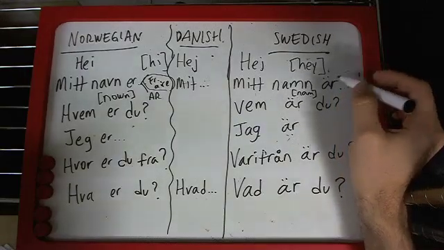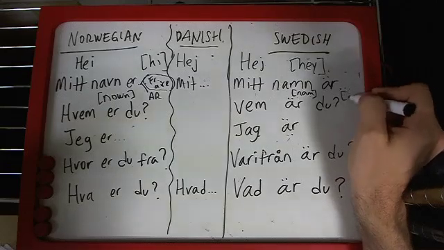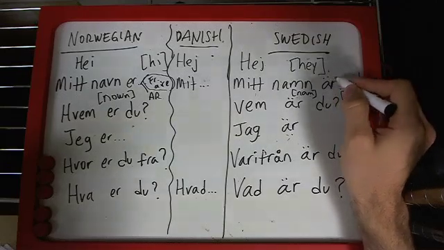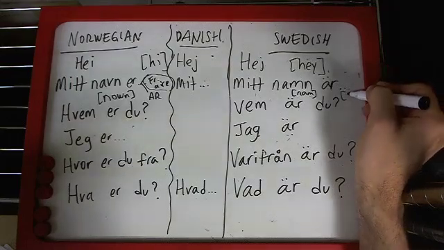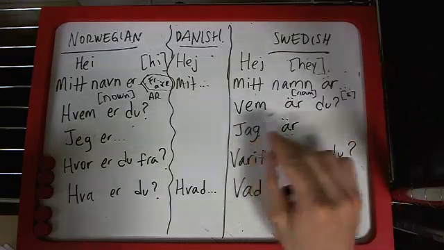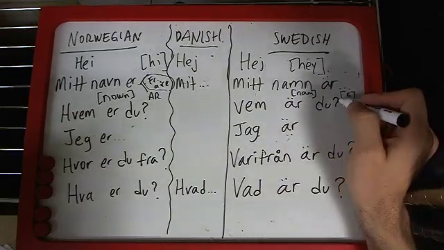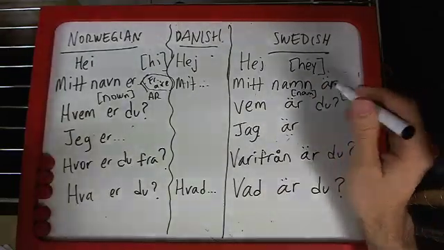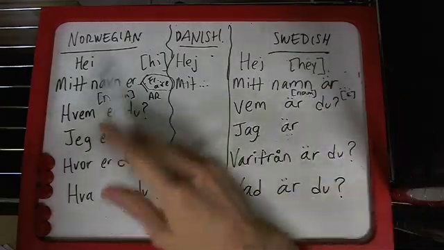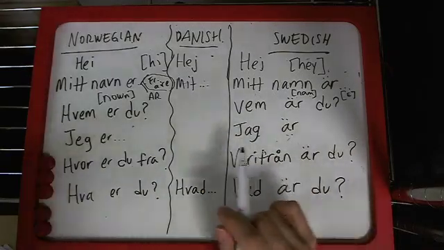And this is also spelled differently with an M, and this is also spelled differently too, with this umlaut thing on the A. And this is pronounced like an E. Mitt namn är Takeru. Hvem är du? The du is also in Swedish pronounced almost like a French du. A little bit, I'm not sure. The best thing would be to have native speakers read these comparatively.